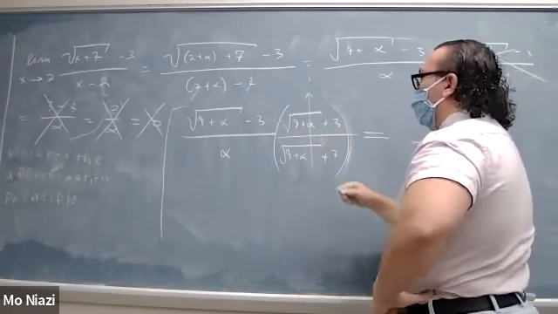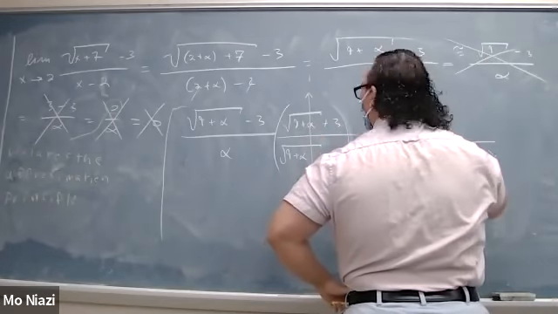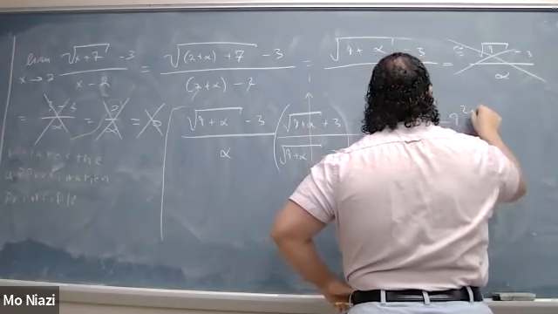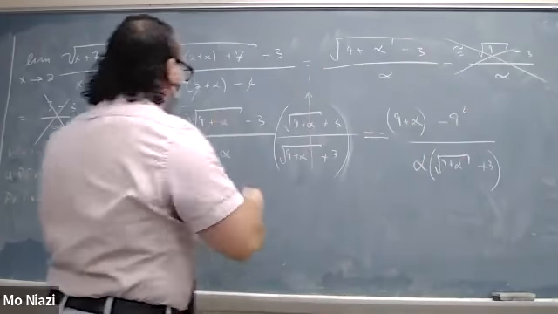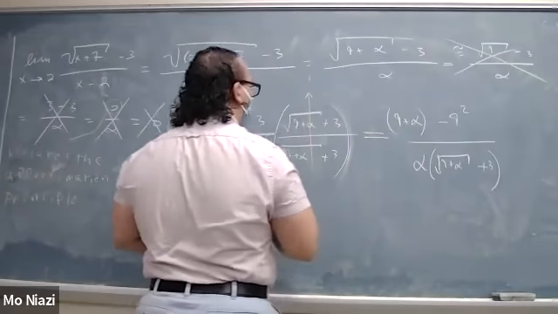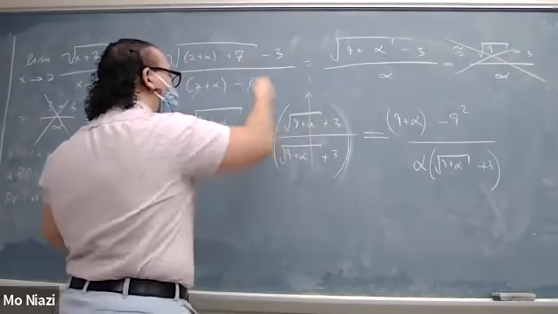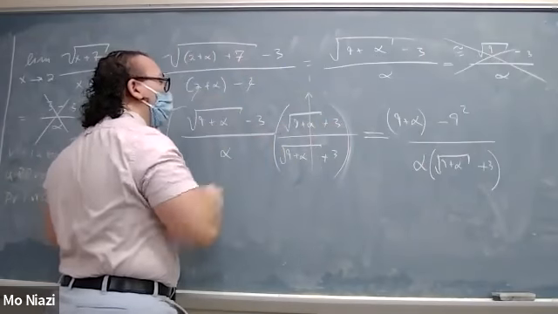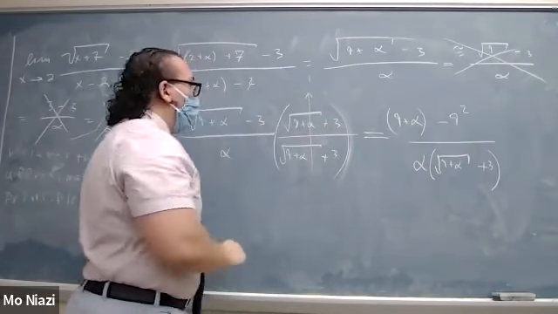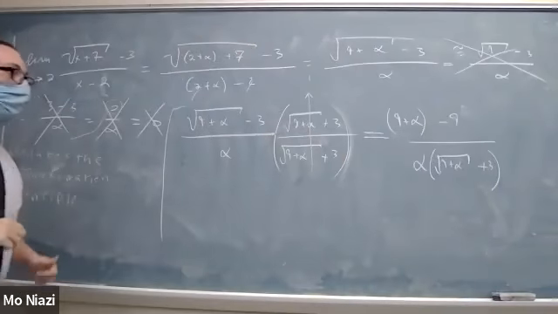Over here, when you do the multiplication, when you FOIL, you get this. When you multiply this times this, you get 9 plus alpha. This times this, you get 3 square root of 9 plus alpha. This times this, negative 3 square root of 9 plus alpha, which cancels out the term prior to what I just said. And this times this gives you a negative 9, not the square, just a negative 9.